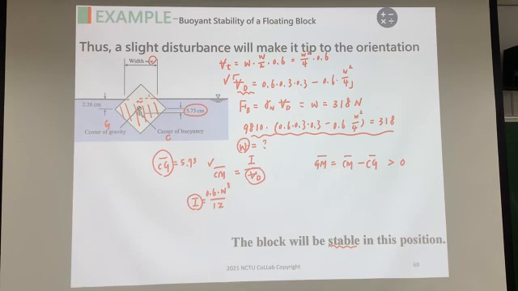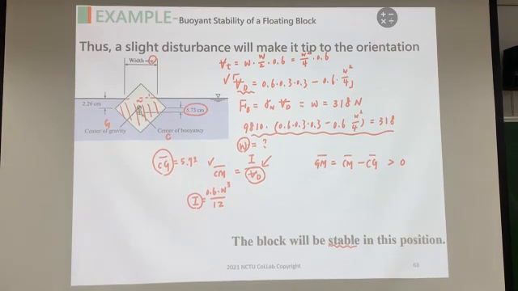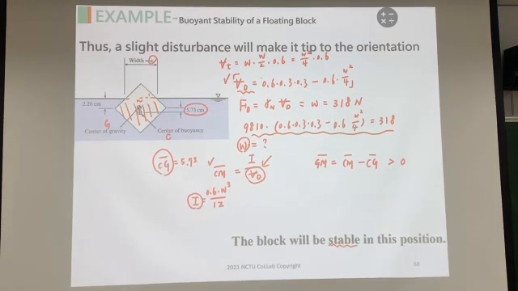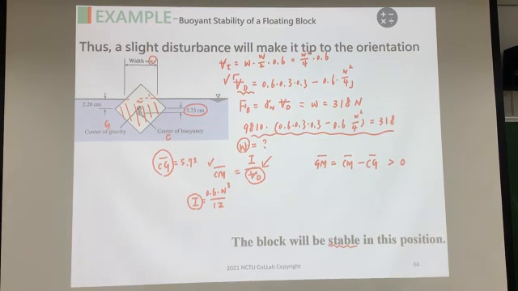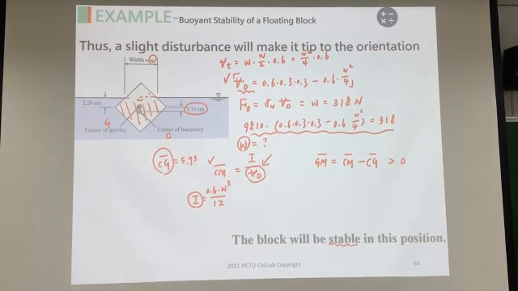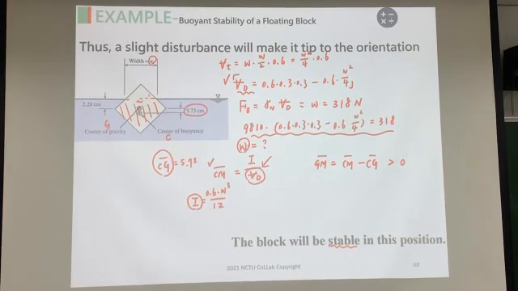Okay, so CG is 5.73, and the CM you can follow this equation, compute by yourself. And the key parameter is width, W. You can find out the solution for the W following these equations.